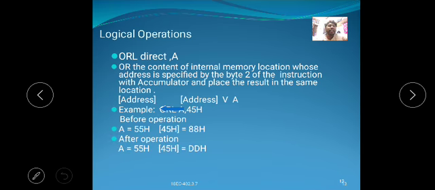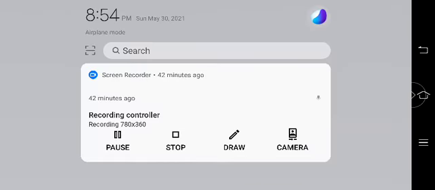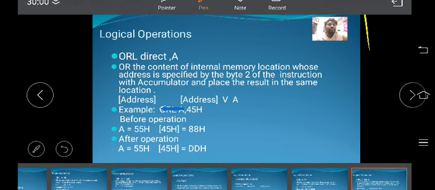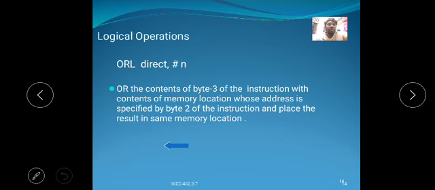ORL direct, A. ORL the content of the internal memory location whose address is specified by byte 2 of the instruction with the accumulator and place the result in the same location. Address OR A. Example: ORL 45H, A. Logical OR direct, #n.